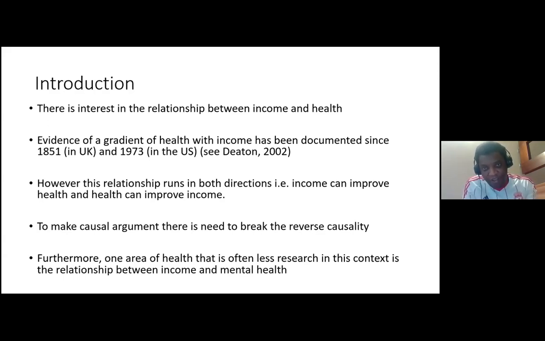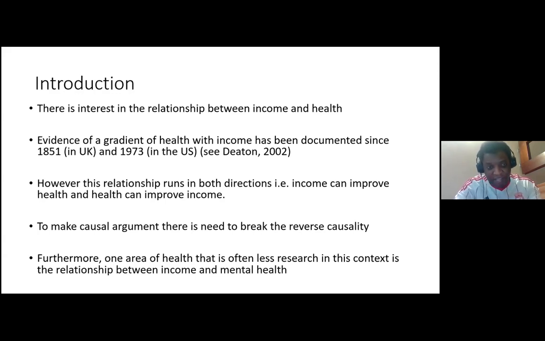Okay, so by way of introduction, there's always interest in the relationship between income and health, obviously because of the implication it has for poverty and inequality and the health of the poor. And this evidence concerning a gradient of health with income has been documented from as far back as 1851. However, the econometric problem here is that the relationship runs in both directions.